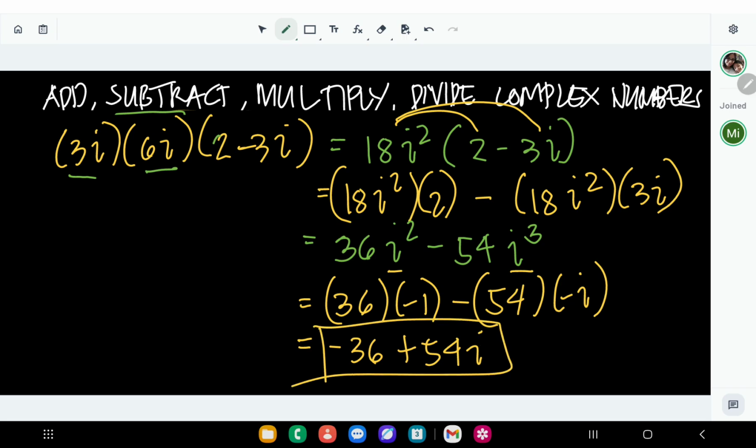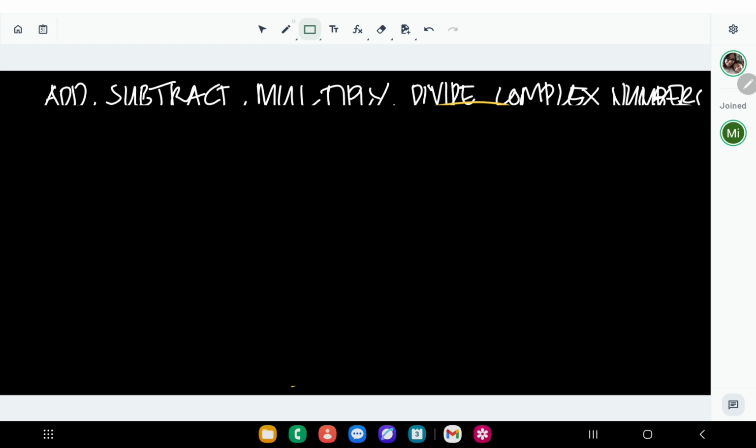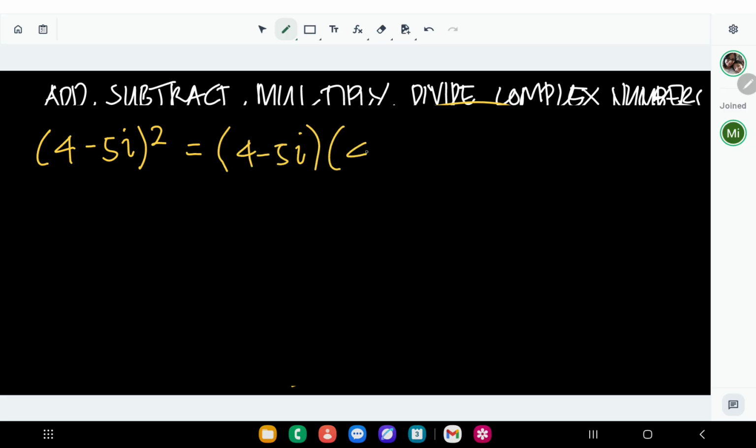Alright, then, I'll give you 2 more. How about this one? What if you're given this one: 4 minus 5i squared. How are you going to solve this? It's a perfect square. So you can write this as 4 minus 5i times 4 minus 5i.